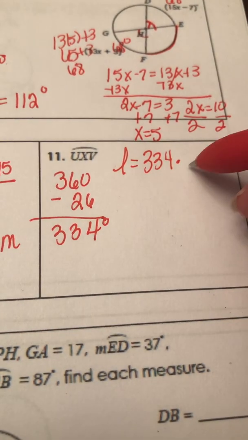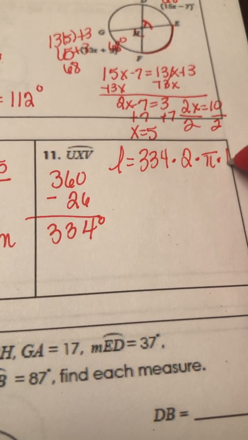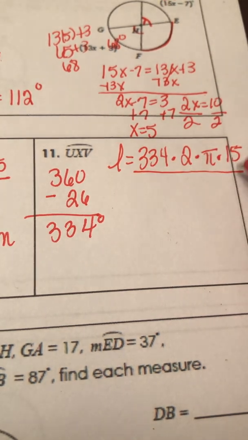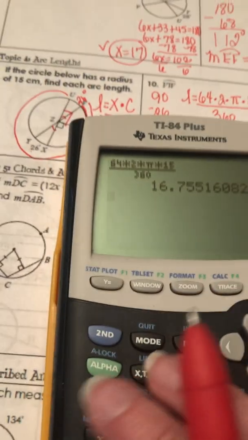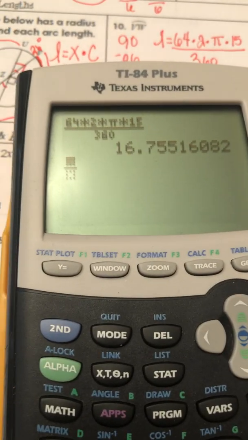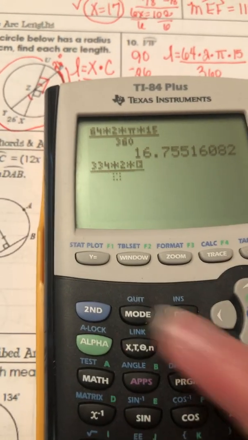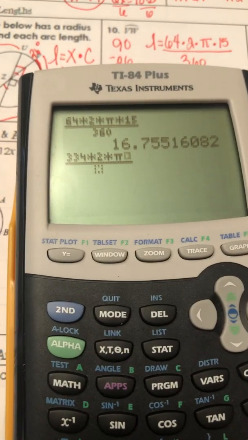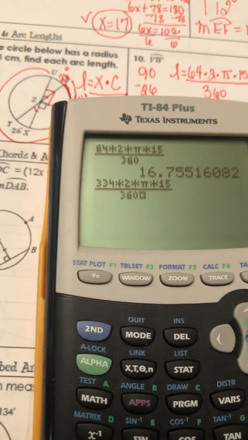334 degrees times the circumference, 2 times pi times the radius, which is 15, and then let's divide the whole thing by 360. So back to the calculator. Okay, so the arc length is 334 times 2 times pi times the radius divided by 360.